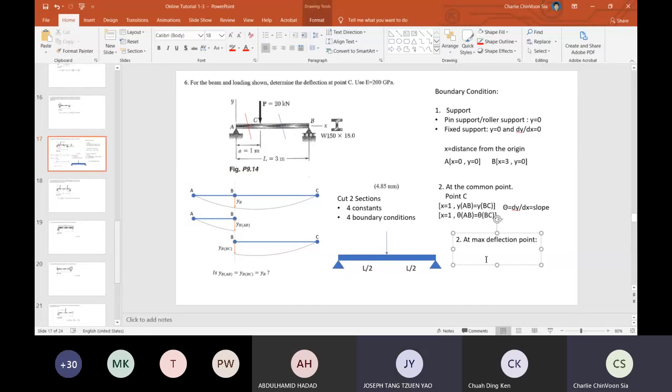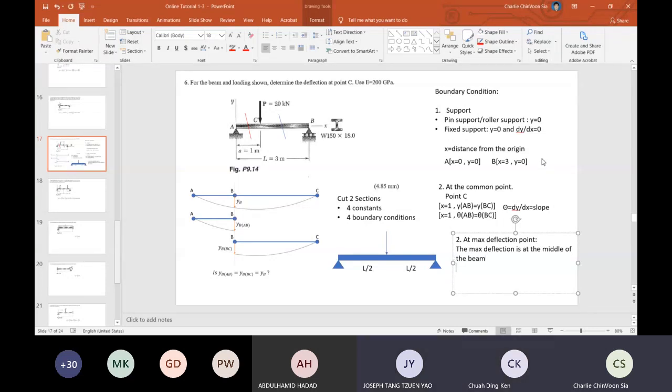So for this question, we know that the maximum deflection is at the middle of the beam, right?